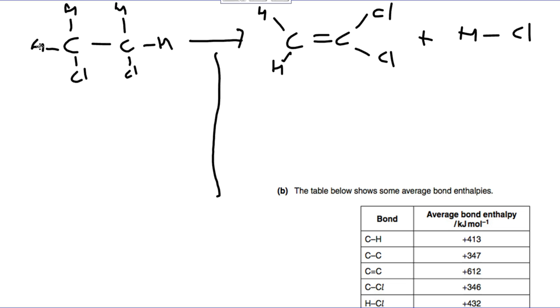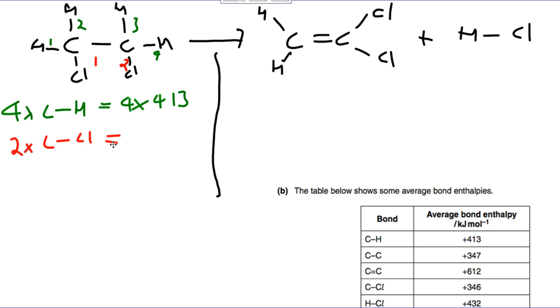So we have 1, 2, 3, 4 CH bonds. So we've got 4 times CH, which equals 4 times 413. We have 1, 2 CCl bonds. So 2 times CCl, which is 2 times 346.